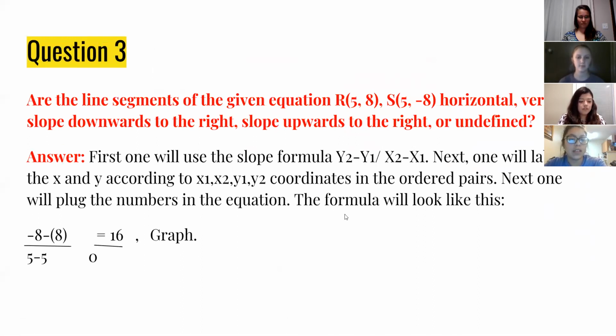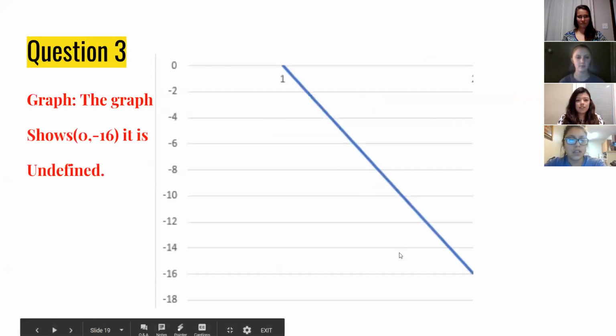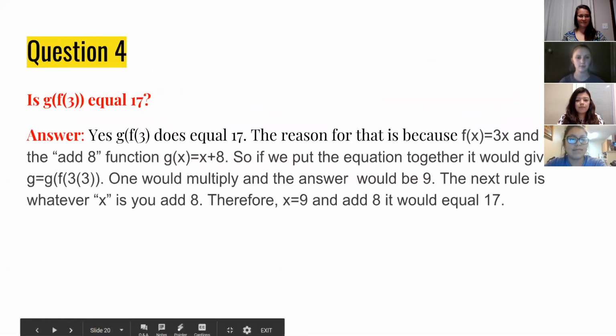And then one would plug the numbers into the equation. So we would do -8 minus 8 divided by 5 minus 5, and that would give us -16 over 0. On a graph, this is what it would look like. So the slope would be undefined.